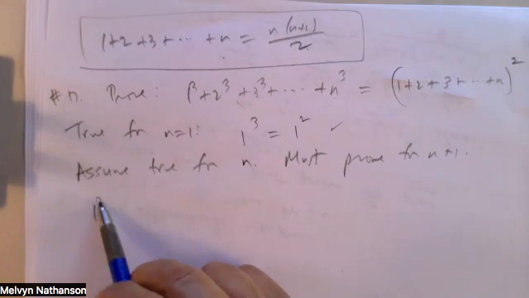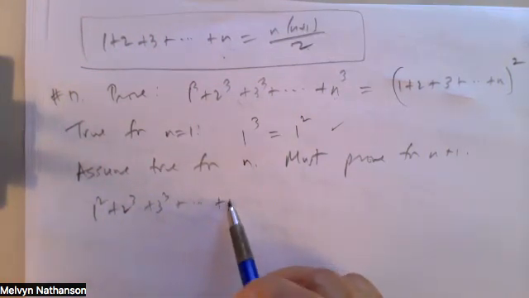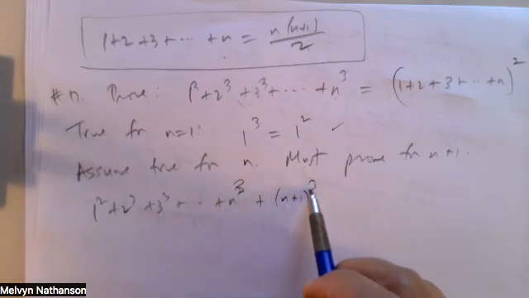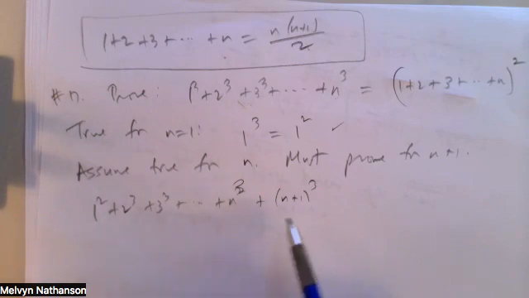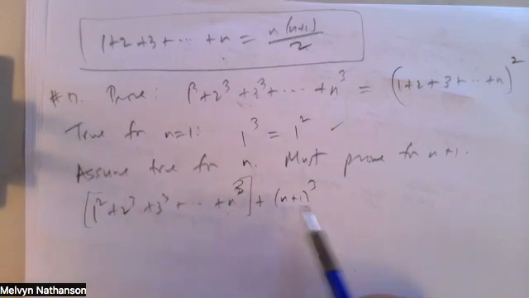So I look at the sum not of the first n cubes, but of the first n plus 1 cubes. The sum of the first n plus 1 cubes is the sum of the first n cubes plus n plus 1 cubed.